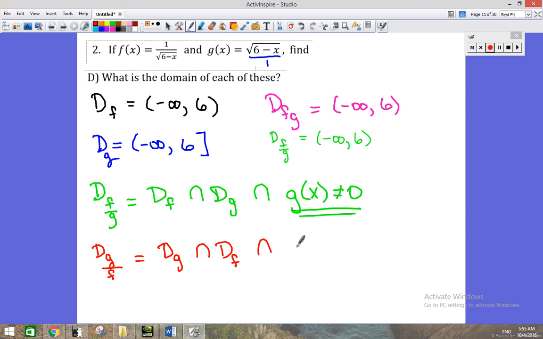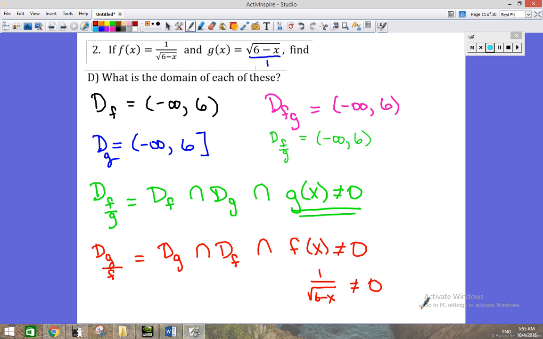But this time we need to consider if we have any new restriction with this function f being in a denominator, that it can't equal 0. But remember, f of x is 1 over the square root of 6 minus x. A fraction only reduces to 0 if the numerator is 0. Well, this fraction has a numerator of 1, and that's constant, and it's going to remain constant.